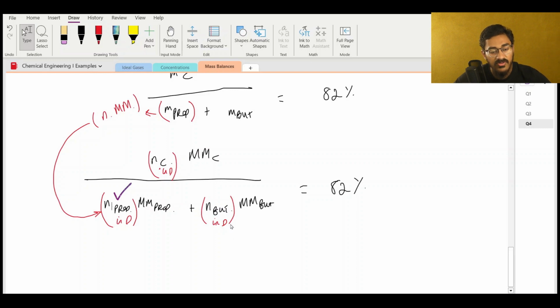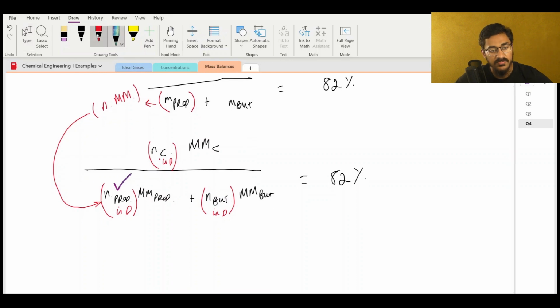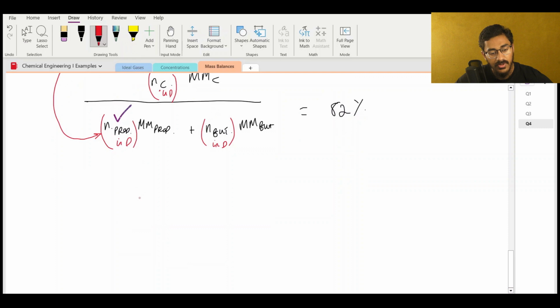Okay, so we've kind of hit a dead end now. Number of moles of butane, I want to solve for that, right? So I'm not going to try to expand that any further. But number of moles of carbon in the distillate, I want to show you something. If I told you for every 1 mole of propane, which is C3H8, do you agree that I need 3 moles of carbon atoms?